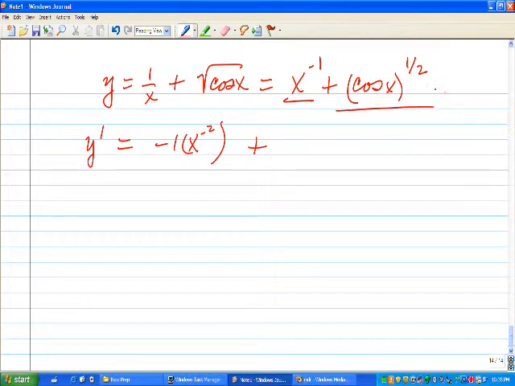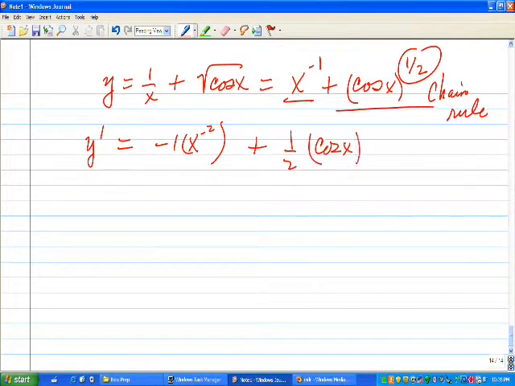We have to use the chain rule, which means we'll take 1/2 cosine of x to the minus 1/2 power. But we have to multiply it by the derivative of cosine of x, which is minus sine of x.